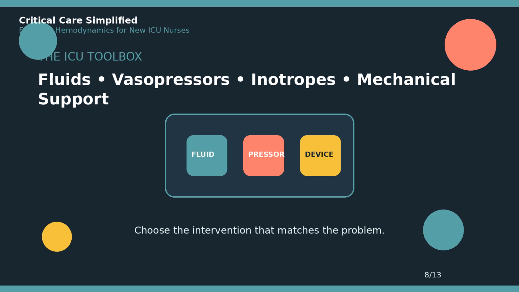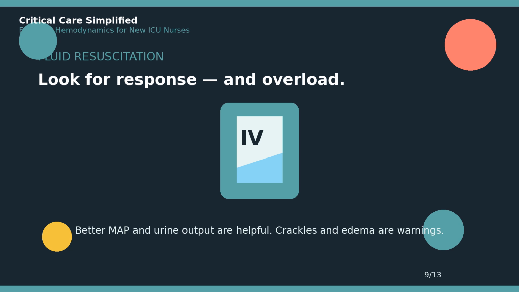Early recognition allows early escalation. That may mean notifying the provider, checking orders, increasing monitoring frequency, verifying line accuracy, drawing ordered labs, preparing fluids or medications, or activating unit protocols.